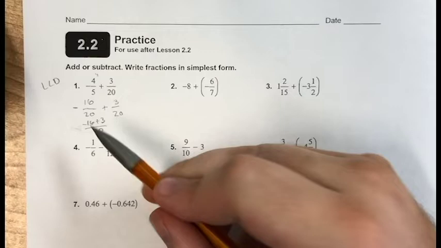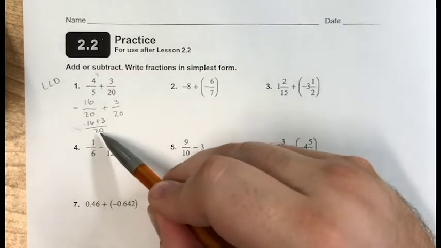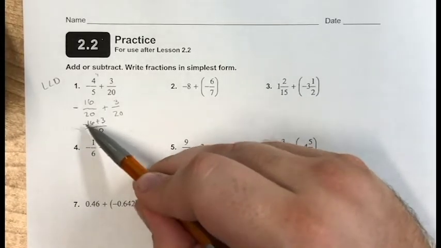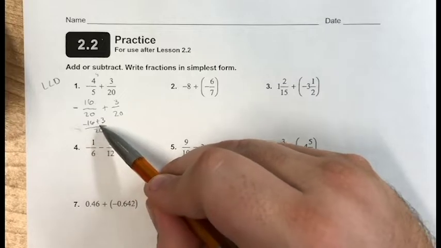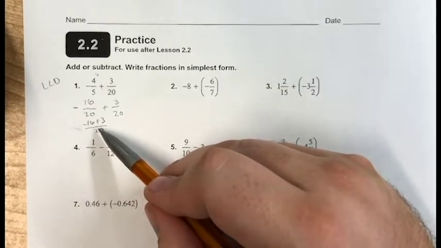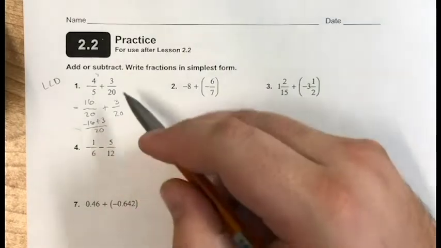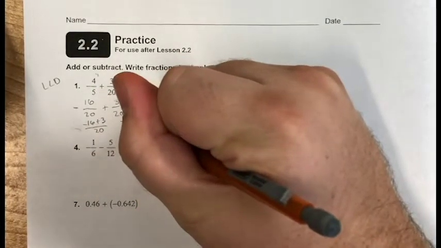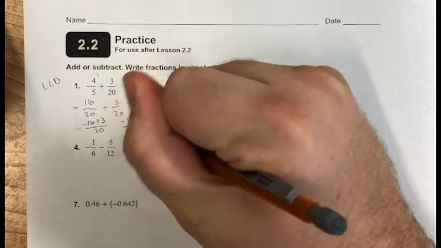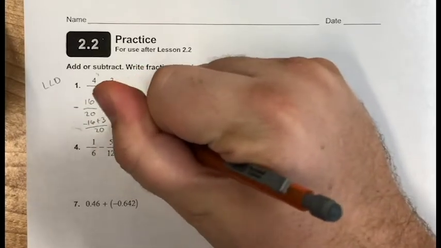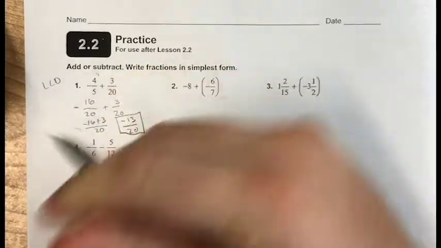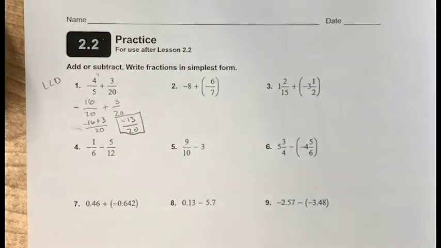Since my denominator doesn't change, the only thing is our numerators. We have negative 16 plus 3. Well, that follows our integer rules. We know what to do here. So negative 16 plus 3 gives us negative 13. And the denominator never changed. So our final answer is negative 13 over 20.